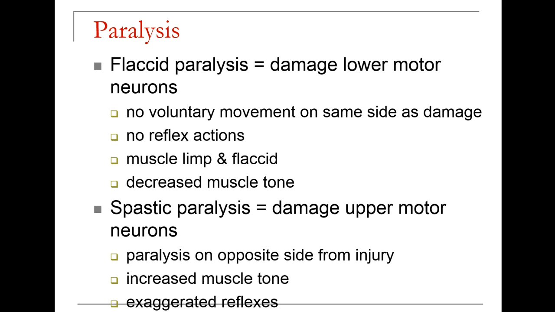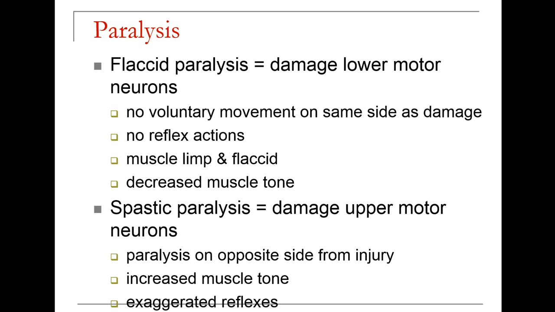Now, almost directly opposite to that is spastic paralysis. And spastic paralysis involves damage to the upper motor neurons. So this might be associated with a head injury. Remember, you cross over to the other side of the body. So if you had injury to the right side of your brain, you might see some paralysis on the left side of the body, on the opposite side from the injury.